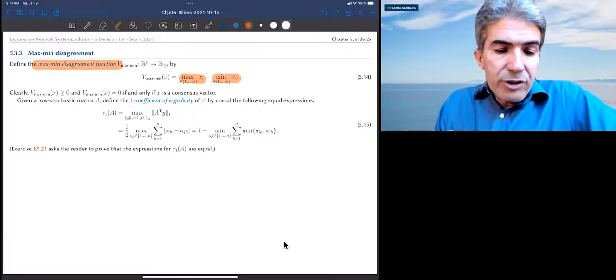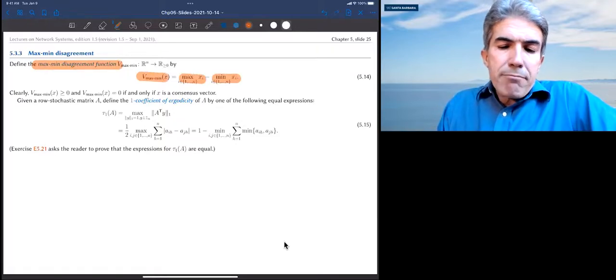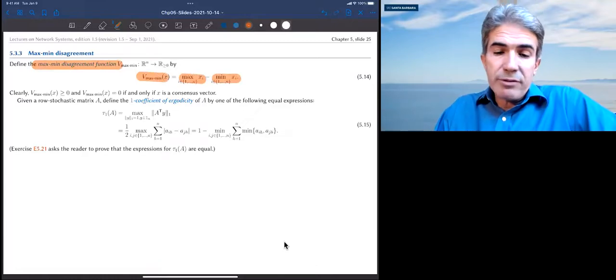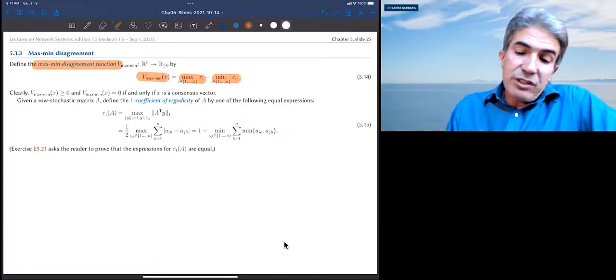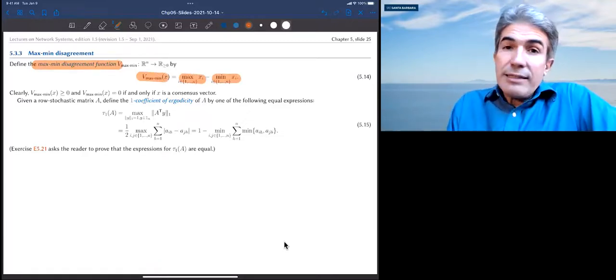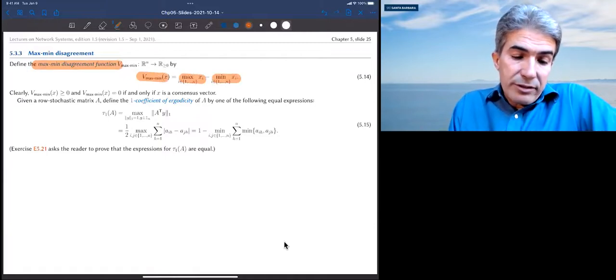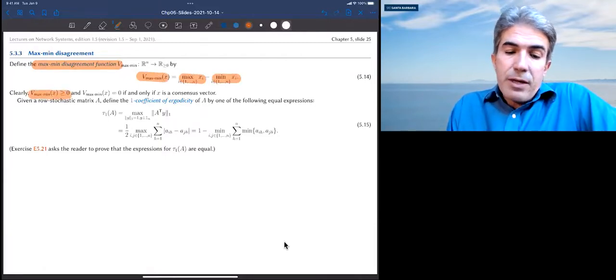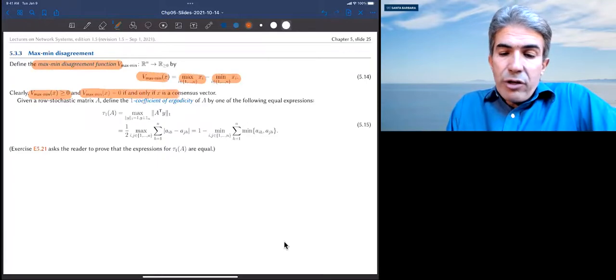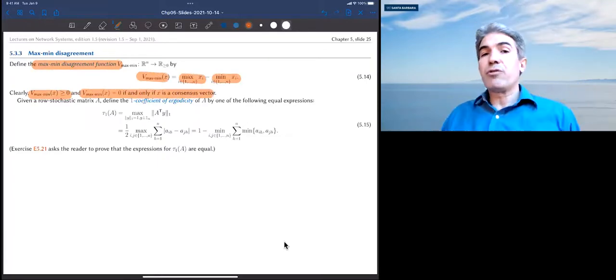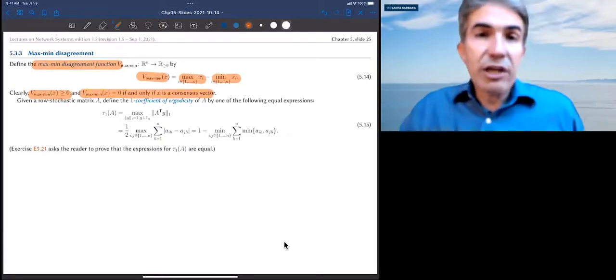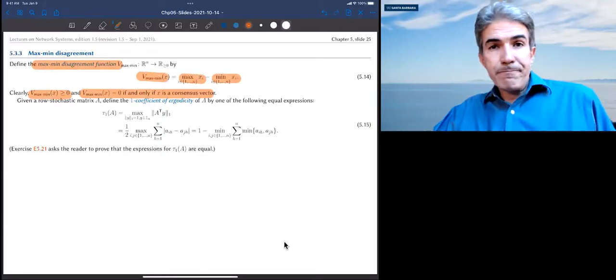And I will call this the max-min disagreement function. Really I should say max minus min, but it's just too long, so I'm just going to say max-min disagreement. And this function has the same property as the quadratic disagreement function, which is to say that it's clearly non-negative and it's equal to 0 if and only if x is a consensus vector, which means that it is a scalar multiple of the vector 1n.